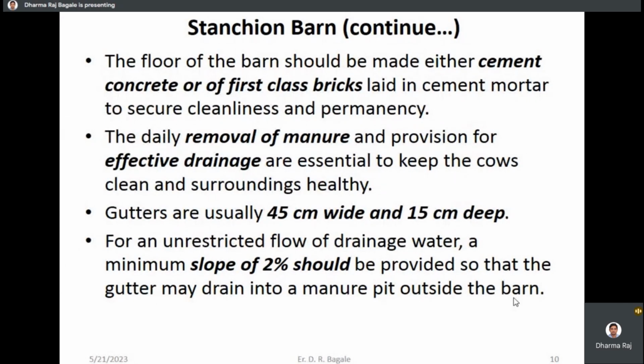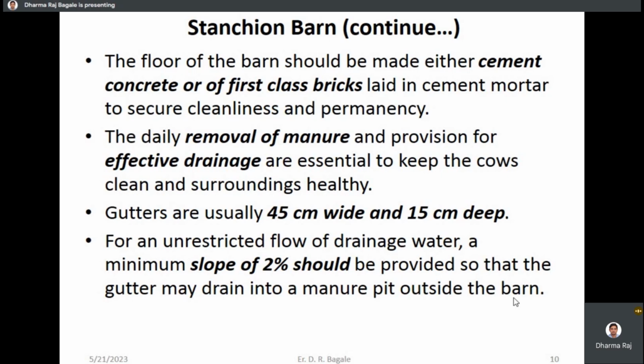So they should have good drainage, and proper slope of the stall should be maintained, and the gutters should be at least 45 centimeter wide, and sometimes if the number of animals is high, we can increase it up to 60 centimeter, that is 0.6 meter, but at least 45 centimeters should be kept wide so that construction and cleaning of the gutter is sufficient, and 15 centimeter depth is minimum, and sometimes we can increase the depth based on our requirement.